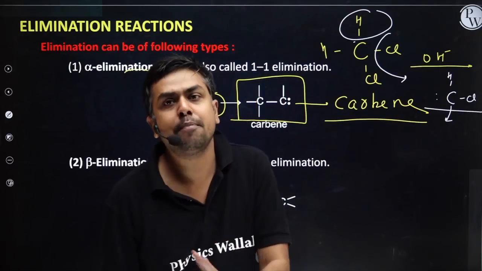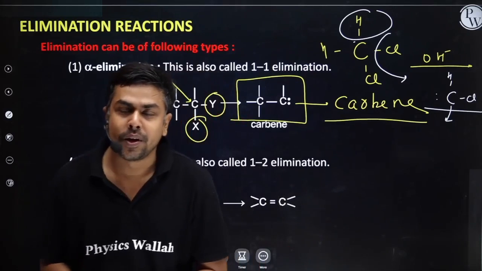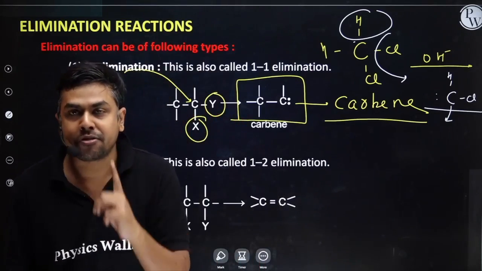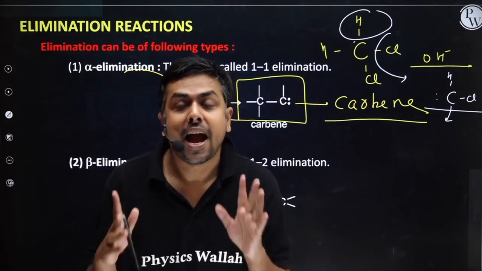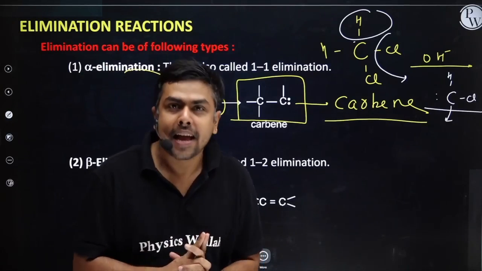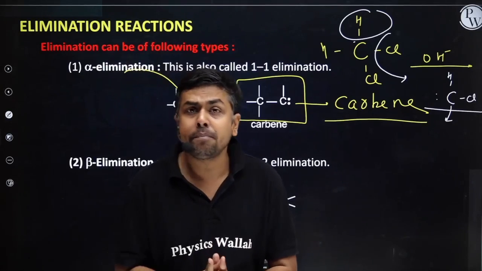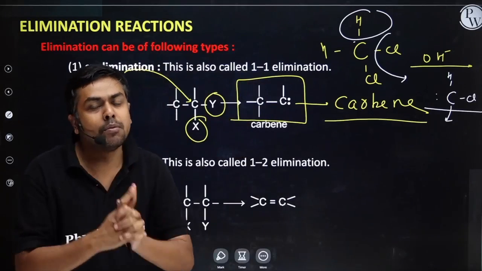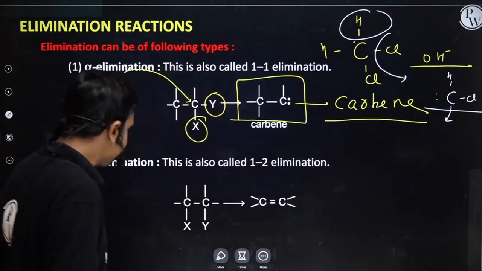We have one more type of elimination, and that is beta elimination, where the base abstracts the acidic hydrogen from beta carbon and the removal of leaving group occurs from alpha carbon. Am I clear? Removal of acidic hydrogen occurs from beta carbon and removal of leaving group occurs from alpha carbon, like this.